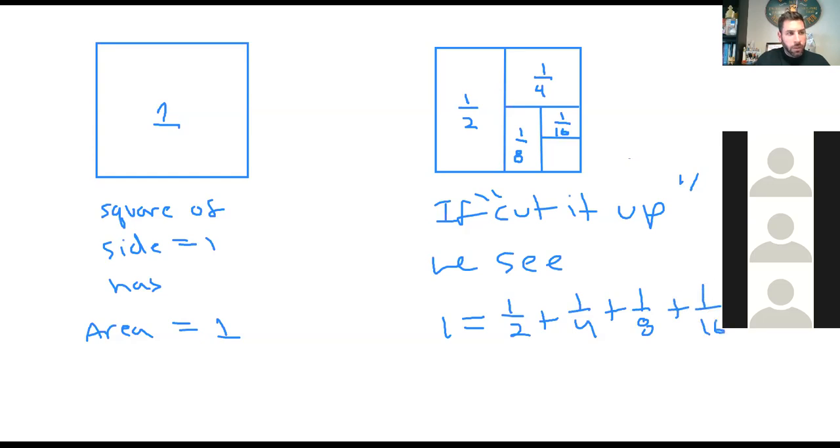And then the next one would be 1/32. And that thing goes forever and ever and ever. And the point I am trying to make again is that this whole thing is some sort of infinite sum.